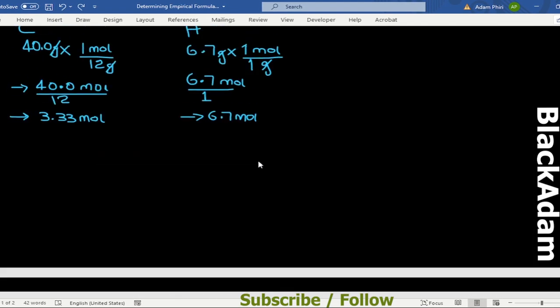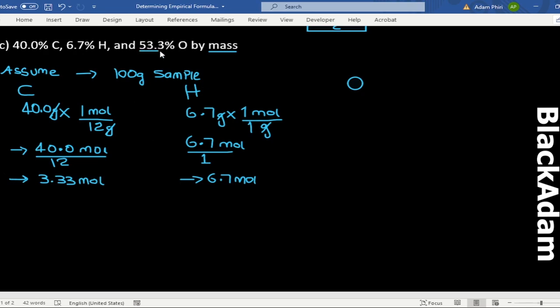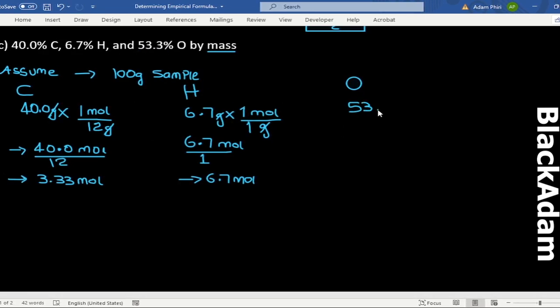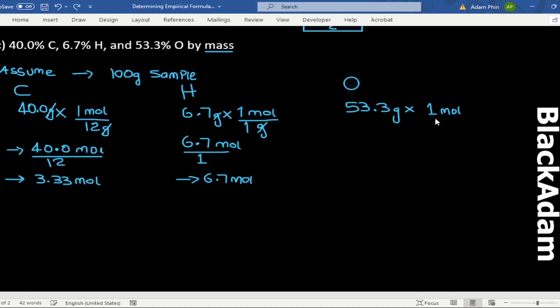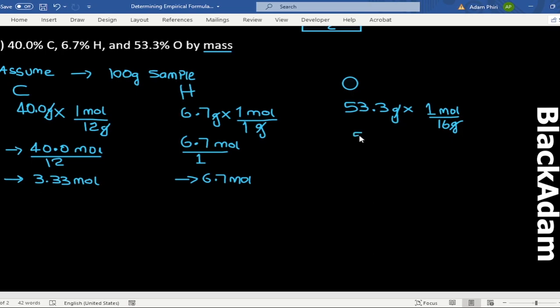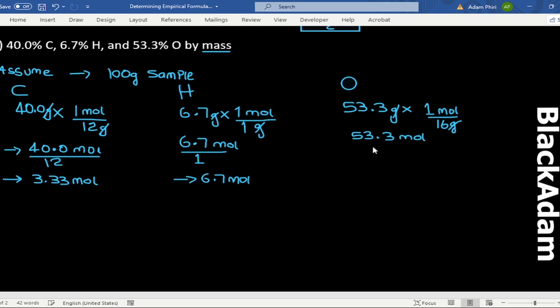Oxygen is 16, so we have 53.3 grams multiplied by 1 mole over 16 grams. The grams cancel out.